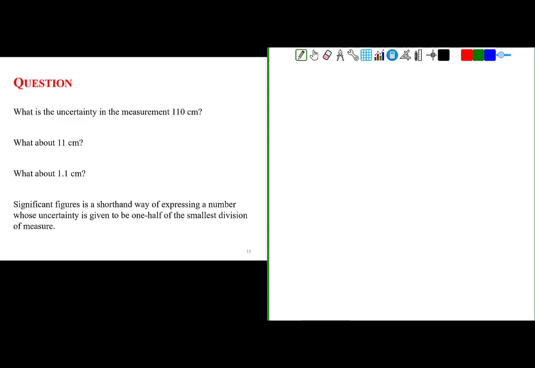Let's look at 11 centimeters. Let's say we have a measuring device. This measuring device measures in centimeters, and I am going to mark out some centimeters: 1, 2, 3, 4, 5, 6, 7, 8, 9, 10, 11, 12.